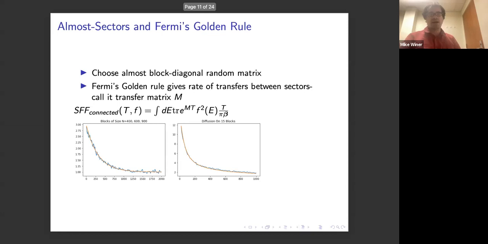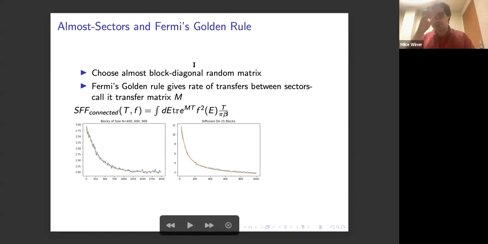Okay. So here are just some graphs in case you didn't trust me on the previous slide. We made some toy models, just various random matrix systems coupled to each other. We used Fermi's golden rule to figure out the transition rates between them, and then we graphed the realized enhancement factor versus the predicted enhancement factor. You can see the blue lines and orange lines.